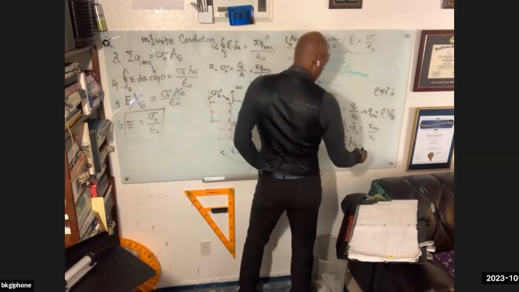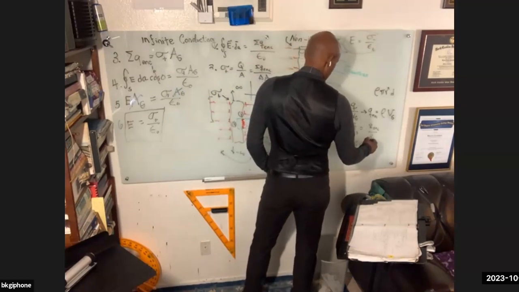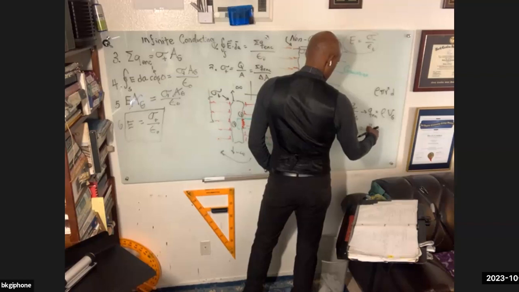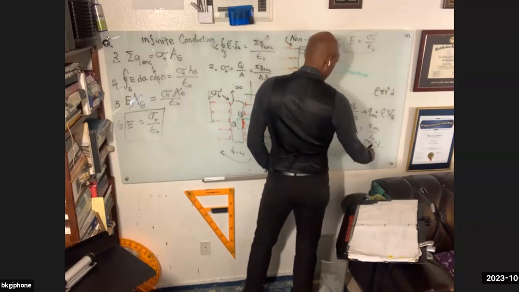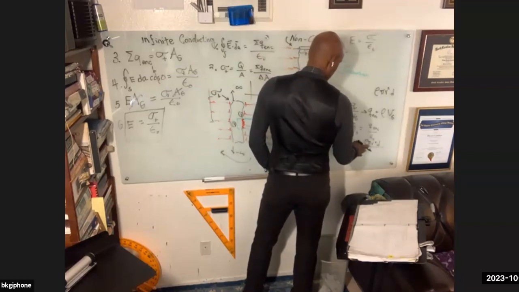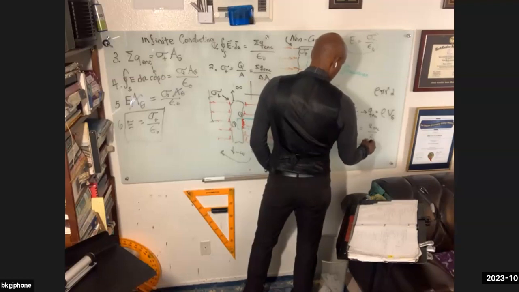So here the charge enclosed is rho pi r squared times d, that is, rho times the volume of the Gaussian, over epsilon naught.